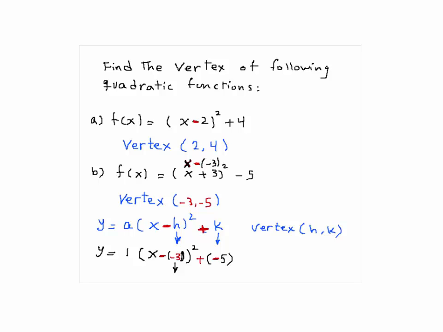Because you see how we have a minus here in the formula? This always has to be minus. So when you have plus here, it means your h is really negative. Does that make sense?